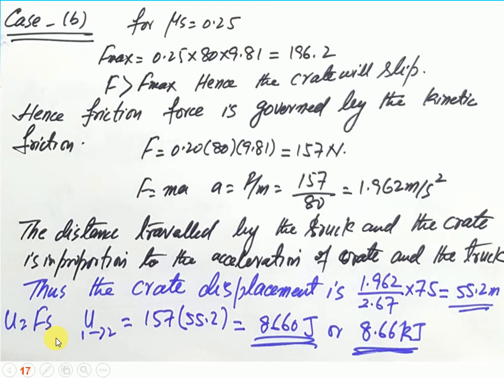So U is equal to F times S, which is 157 times 55.2. The work done is force times displacement, which is 8660 joule or 8.66 kilojoule in this case because the crate is moving.